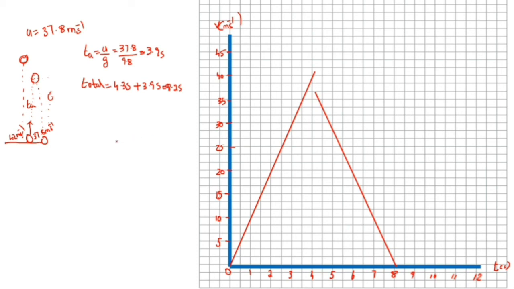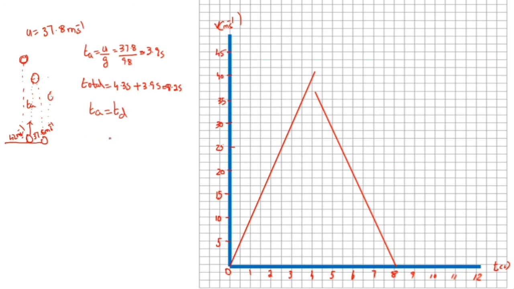Now let's calculate how much time it will take to reach the bottom once again. As we already learned, time of ascent is equal to time of descent. Here what is the time of ascent? We have already calculated 3.9. So for the next 3.9 seconds, the ball is coming down with an increasing speed, linearly increasing.